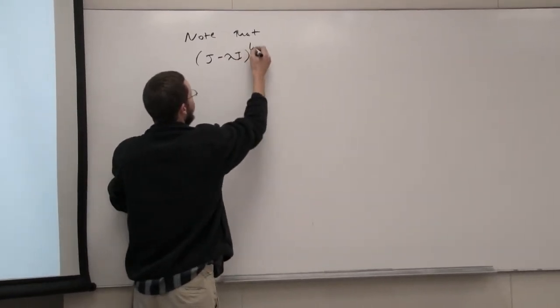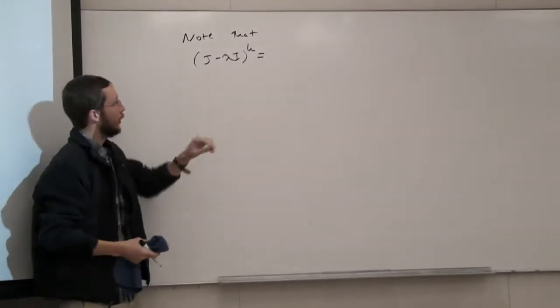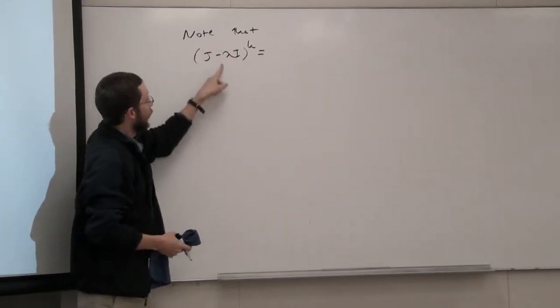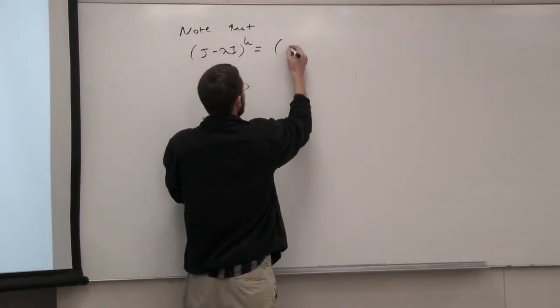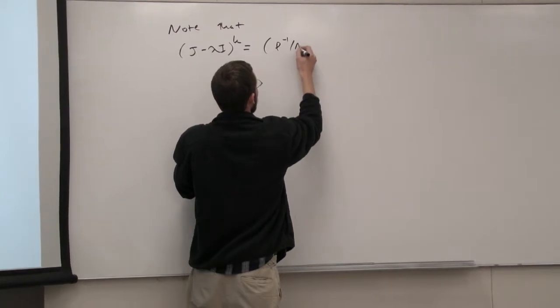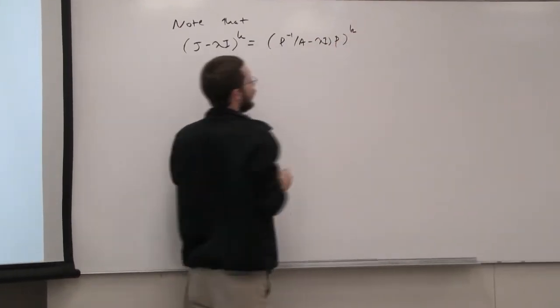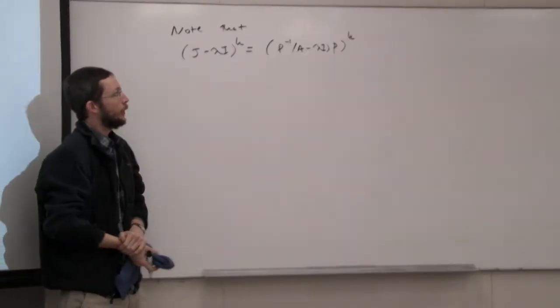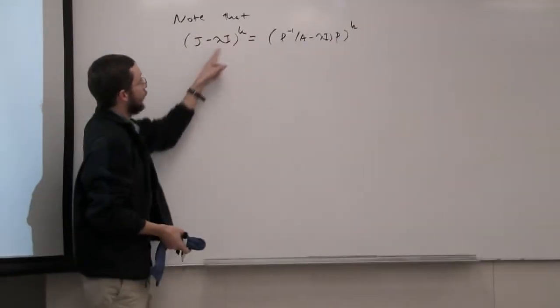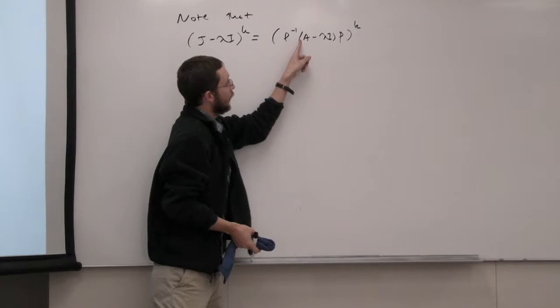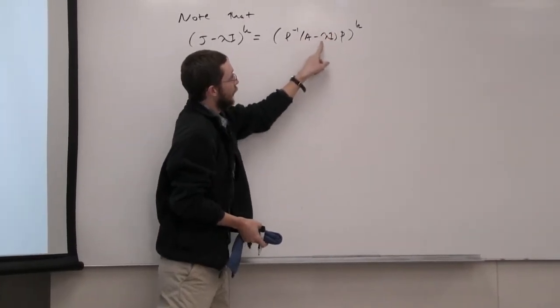So we know that this thing raised to the power k can be thought of, we know that this matrix can be thought of as P inverse A minus lambda I P. Okay. Because we know that this thing can be written as a change of basis applied to that matrix there.